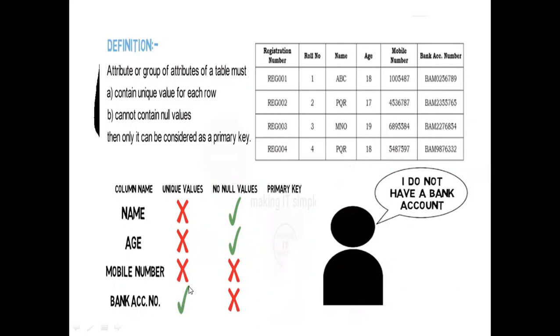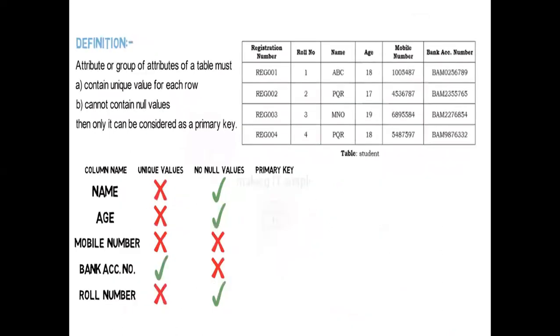Obviously, it has a unique value for each and every person, as everyone has a different account number. So it gives you the unique value. But in the inverse condition, there may be a possibility that one particular student does not have an account number, and in that case, we have no value at all. So that one is also not applicable for the primary key.